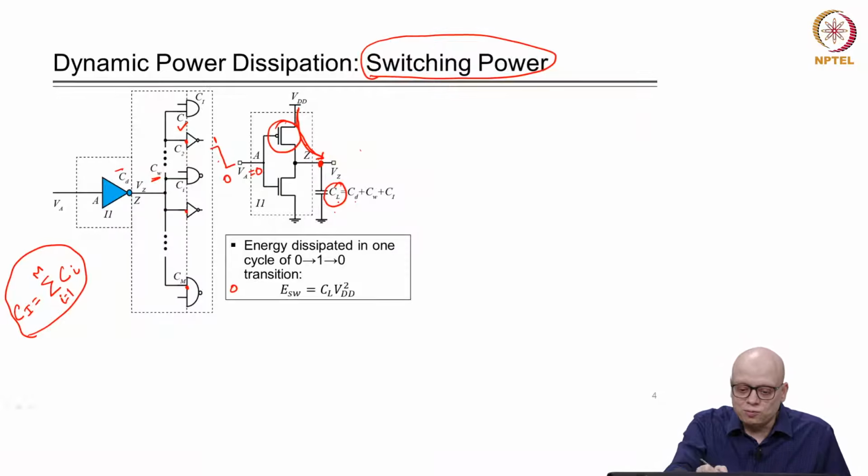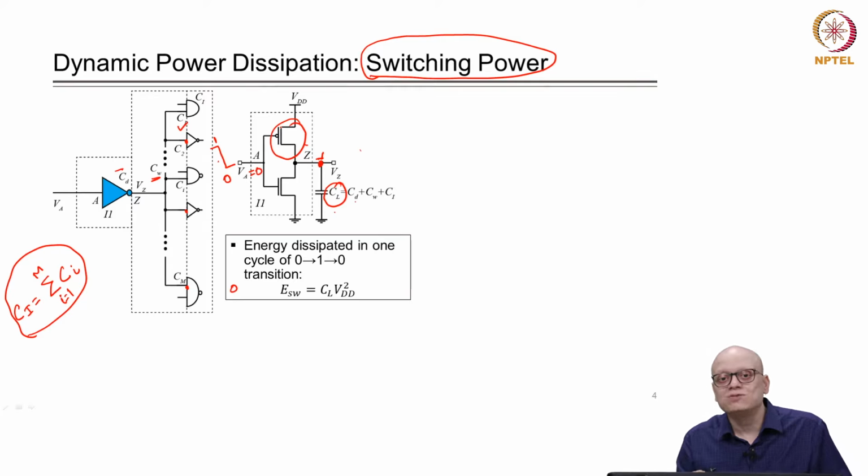In this process, when the current is drawn through the PMOS, there are some resistances associated with the transistors and the interconnects, and those will be basically responsible for the power dissipation. So, remember that a capacitor standalone can never dissipate power, it can only be charged or discharged, but the resistances associated with this circuit are actually dissipating power.